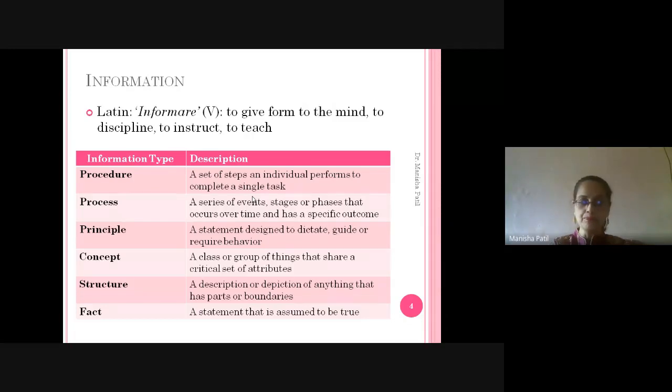Then, next one is principle. It is a statement designed to dictate, guide, or require behavior. I repeat, a statement designed to dictate, guide, or require behavior. In other words, do's and don'ts.